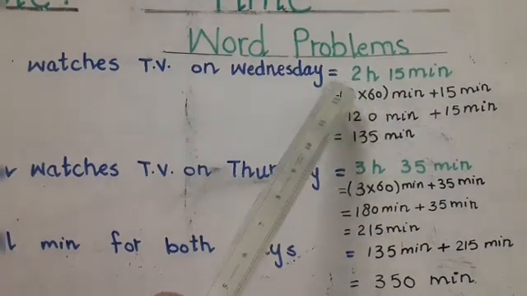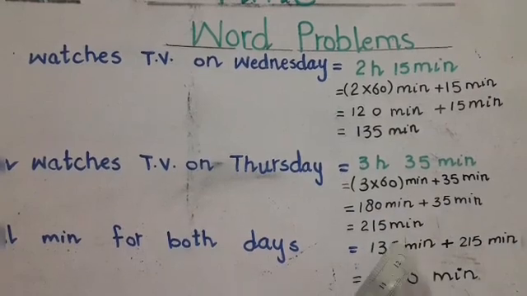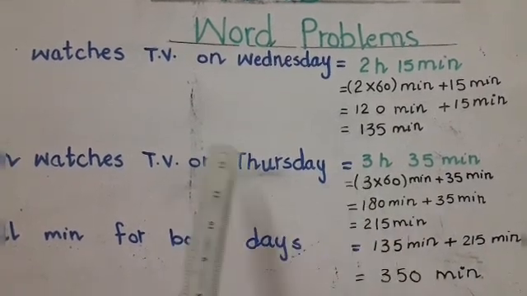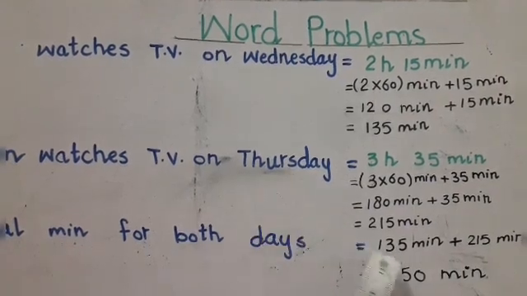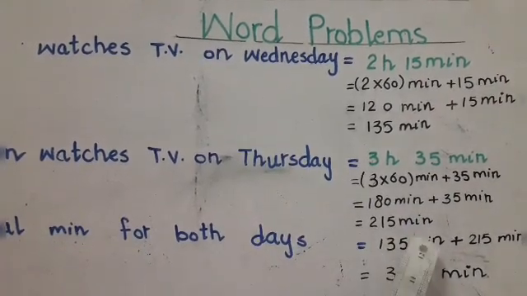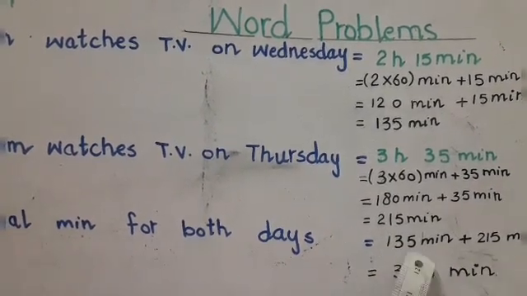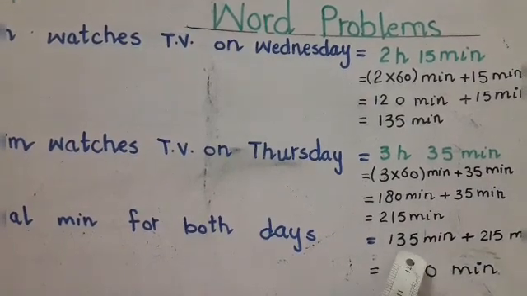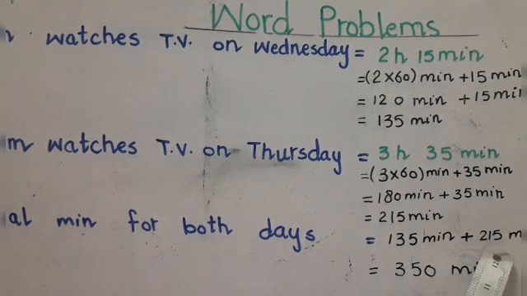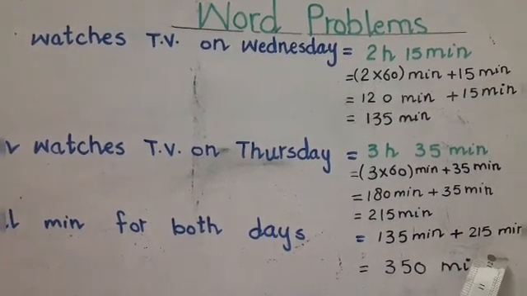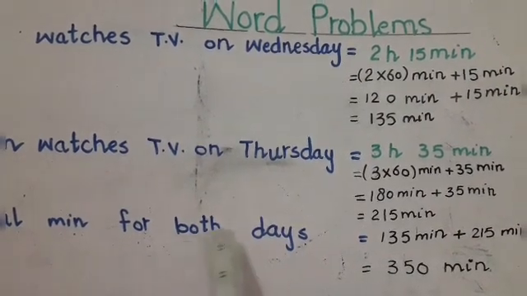The total time of Wednesday is 135 minutes, and the total time for Thursday is 215 minutes. We will add both of these numbers. And now this is the total minutes for both days.